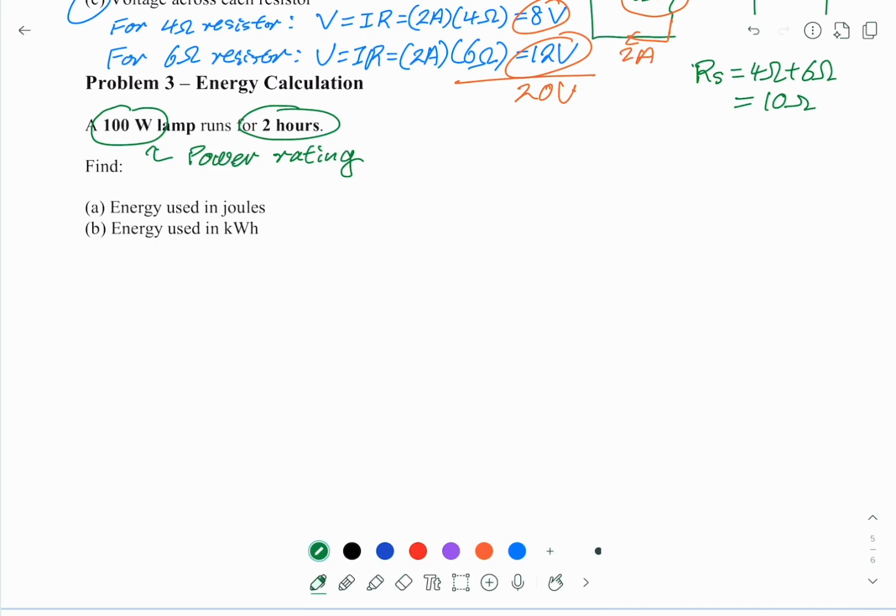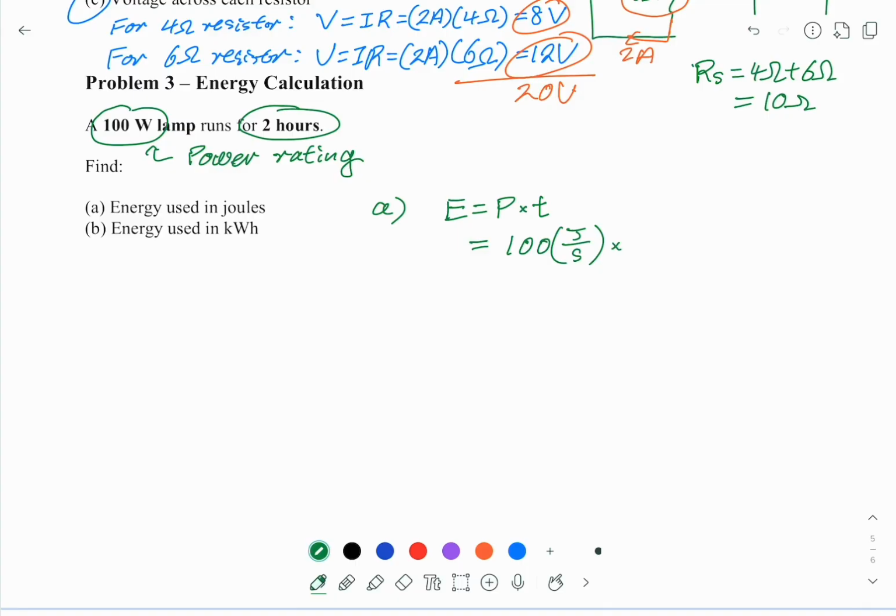In this case, you have to say energy equal to power multiplied by time, and the power is 100 watt, or clearly joule per second, times 2 hours.